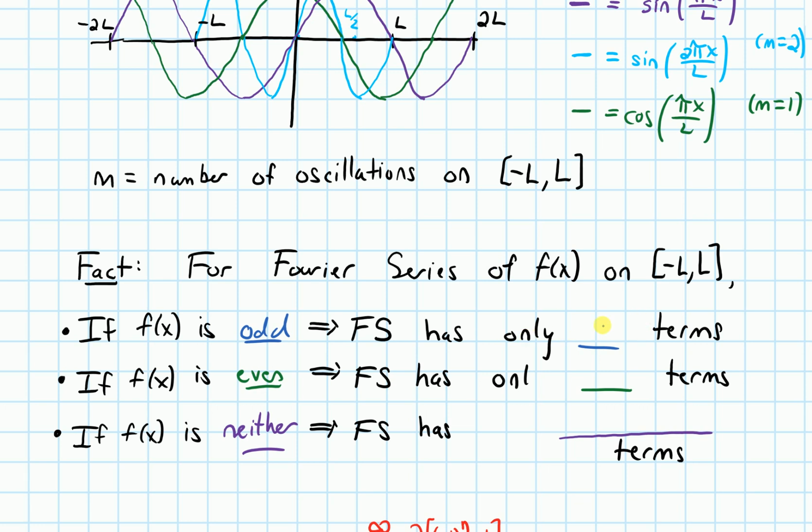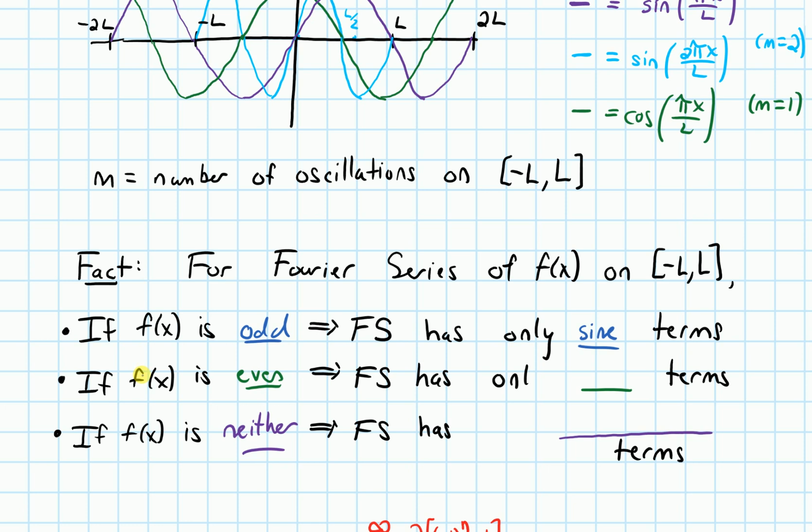And what I mean by that is the sine terms. It would only have sine terms. Conceptually, the reason is that all the sine terms are odd functions, and when you sum a bunch of odd functions, you'll get an odd function.